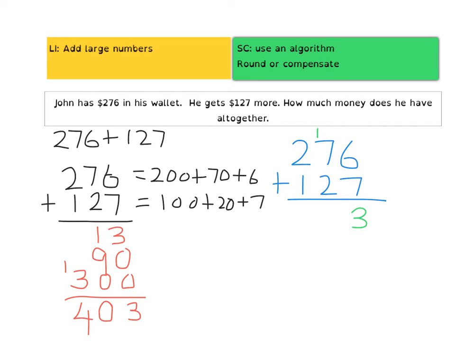So I've put the 3 ones down and I've added the set of 10 to the tens place value. 10 plus 70 is 80, plus 20 equals 100.